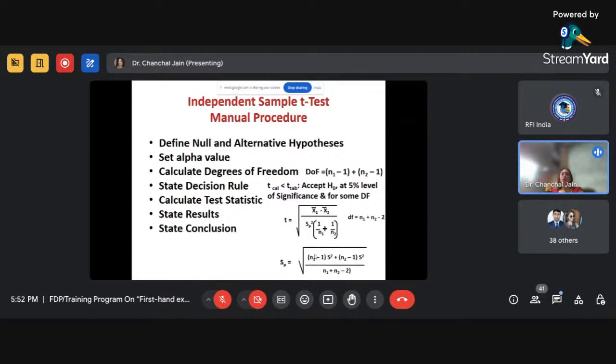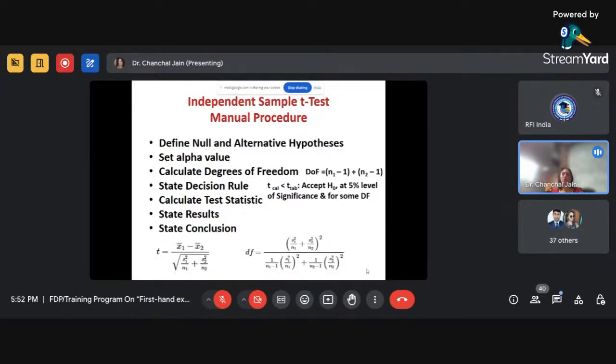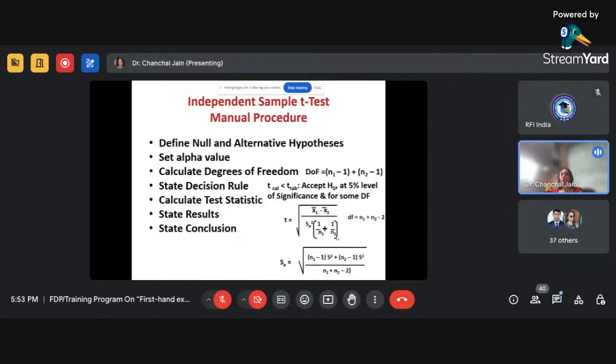Then how to calculate Sp? This is the formula. So that way you can go for this. I showed you this previously: you can check whether your standard deviation or variance is the same for both the groups. In that case, this will be the formula for the pooled variance.